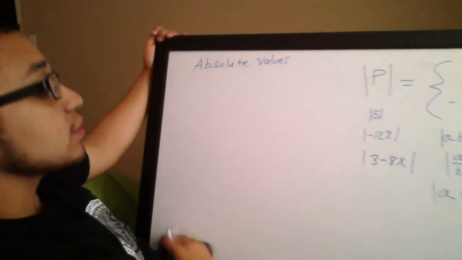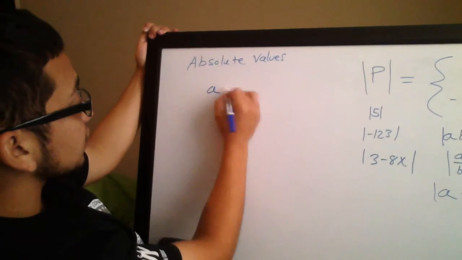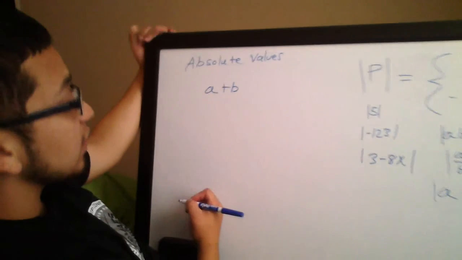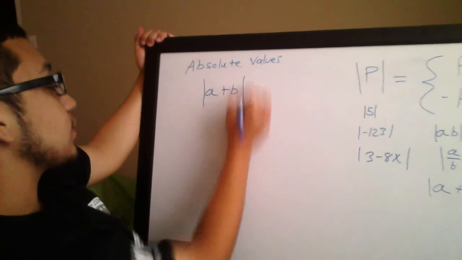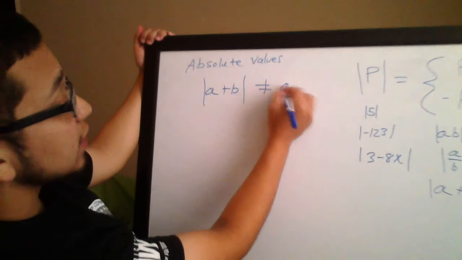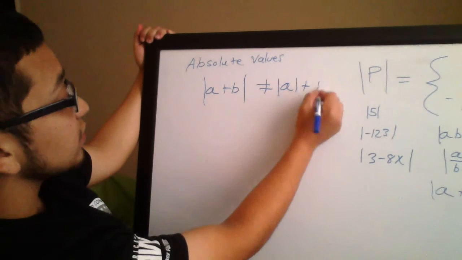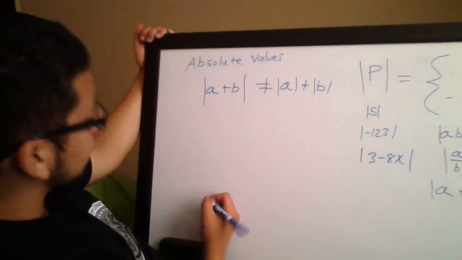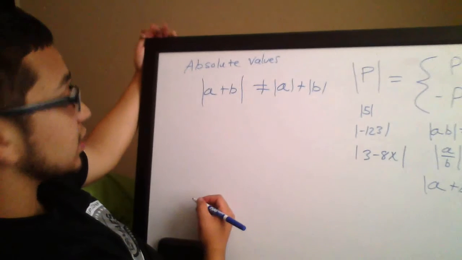Now, this is where it is, I guess, a little tricky. So the absolute value of a plus b is not equal to the absolute value of a plus the absolute value of b. The reason for this can best be shown through an example.